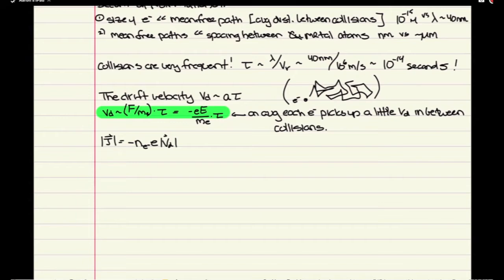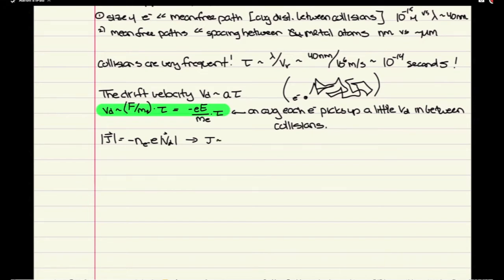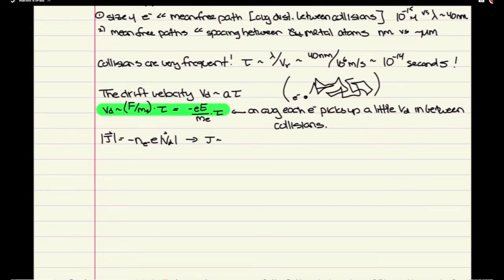Now we can put this all together, and we can write down that J, in this case, goes as minus N e, little e, then Vd we said was little e, big E, over the mass of the electron, times tau.